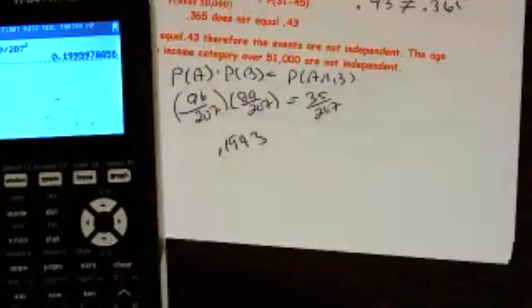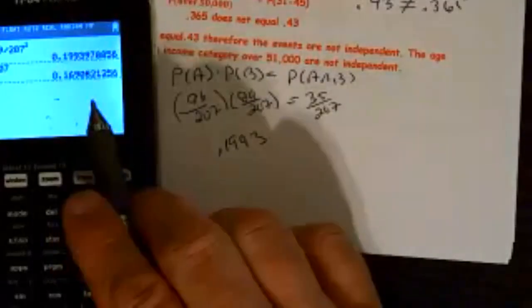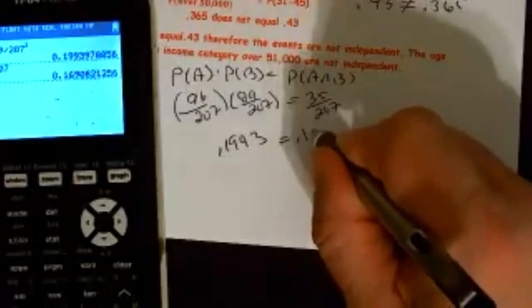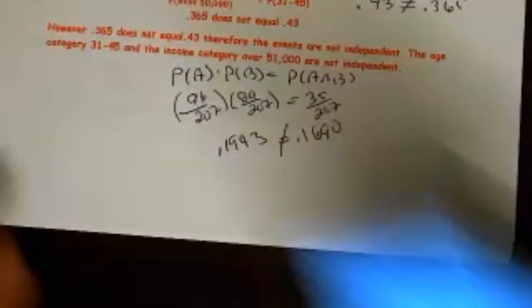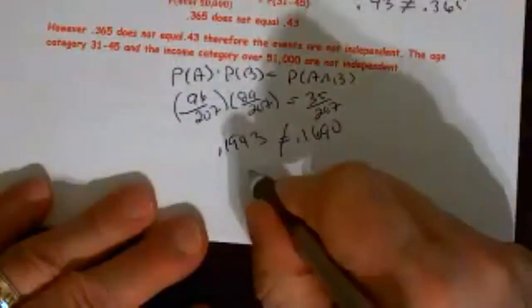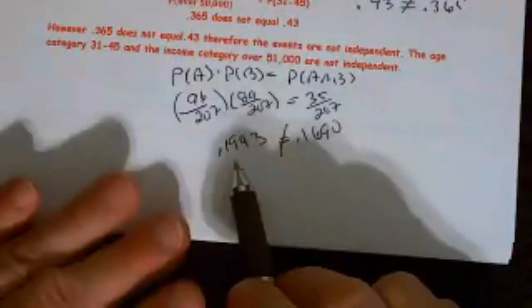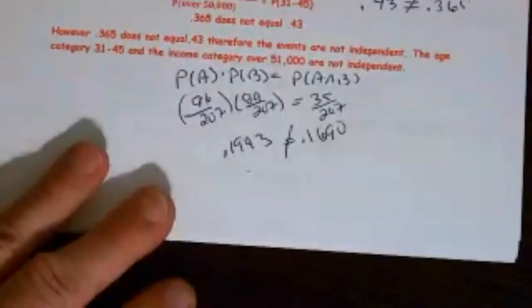And then I take 35 divided by 207, and I get 0.1690. They're not equal. So because they're not equal, they are not independent. And you have to make the statement, because they're not equal, they are not independent.